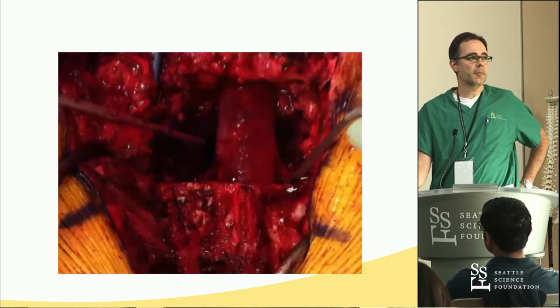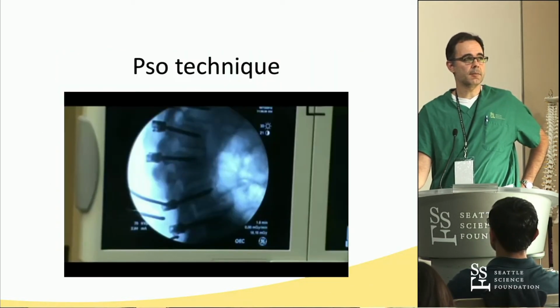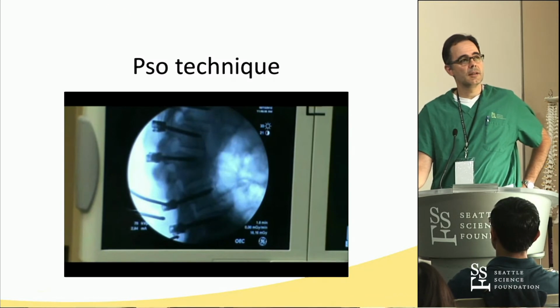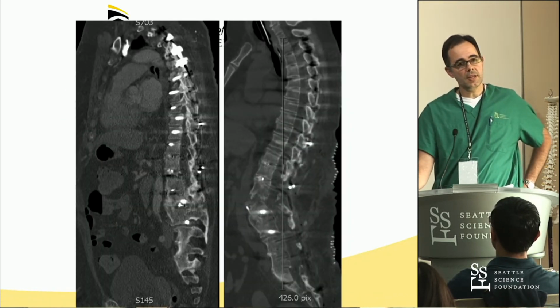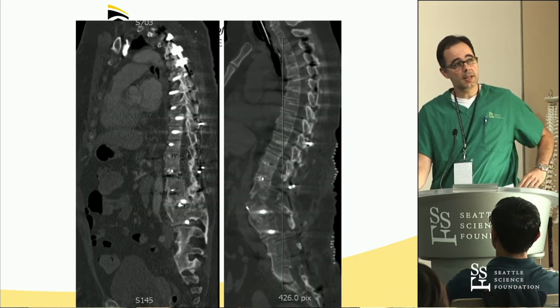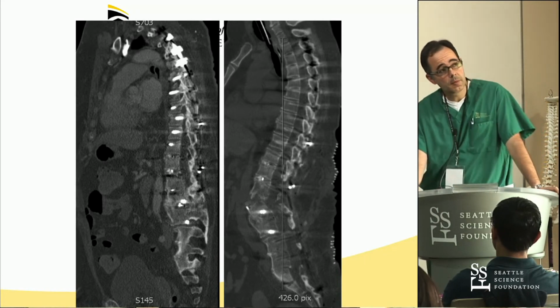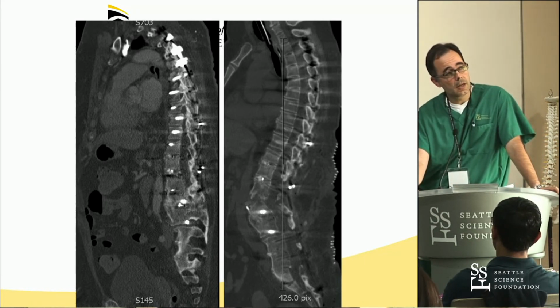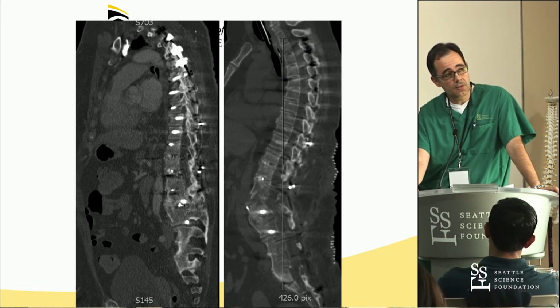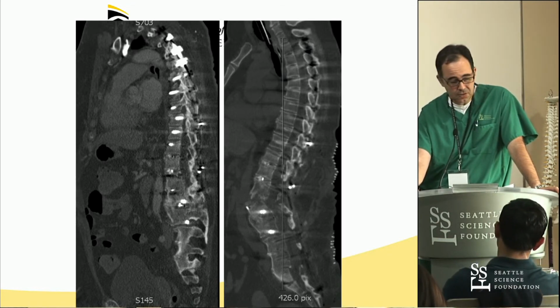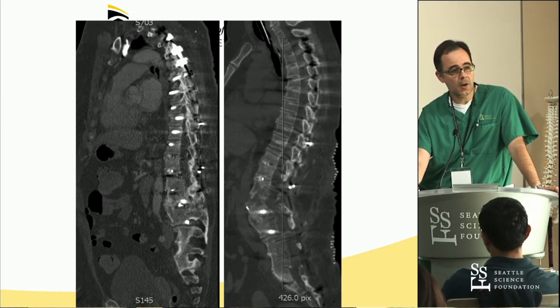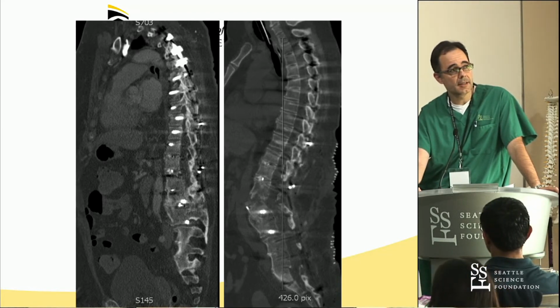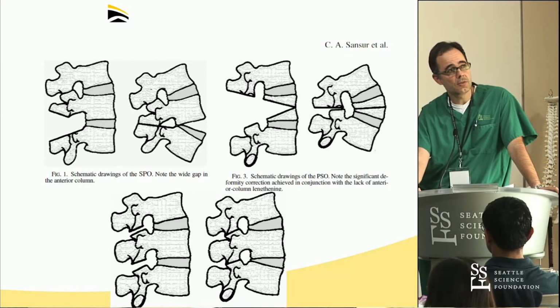So this was another patient in whom I did a PSO, and as you can see, she ended up getting an improvement in her overall lordosis, and the sacral fracture several years after follow-up healed completely, and she's doing well.